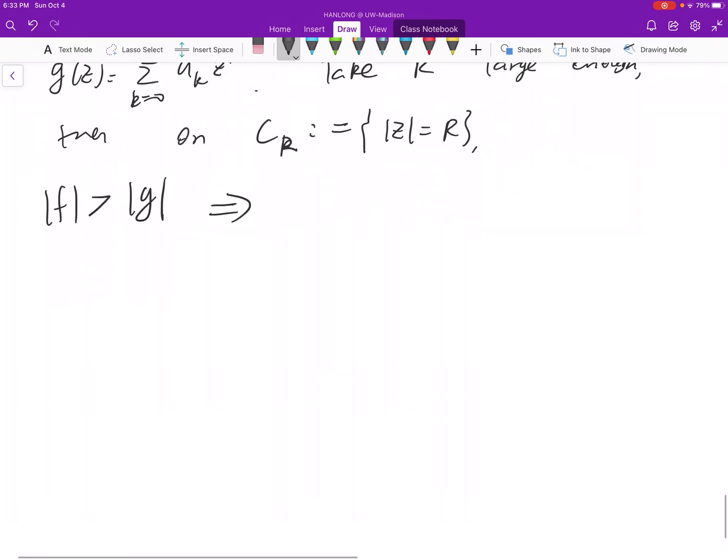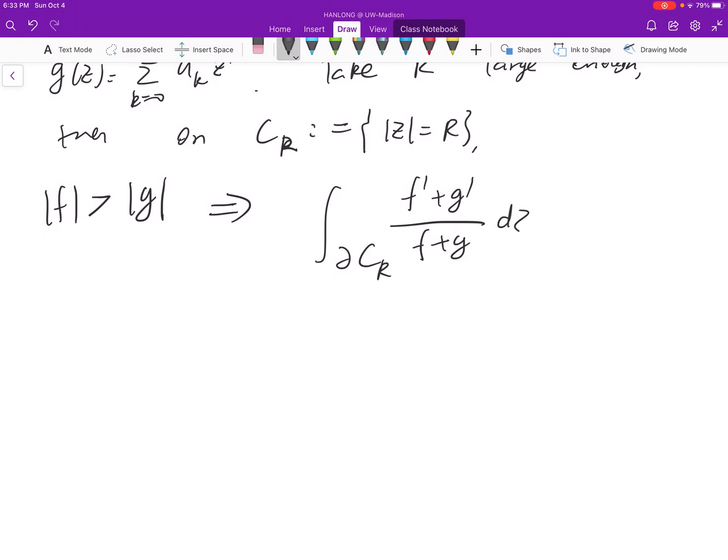Then we have the conclusion that the integral of (f' plus g')/(f plus g) dz equals the integral over the circle C_r of f'/f. And when r is large enough, you conclude everything.